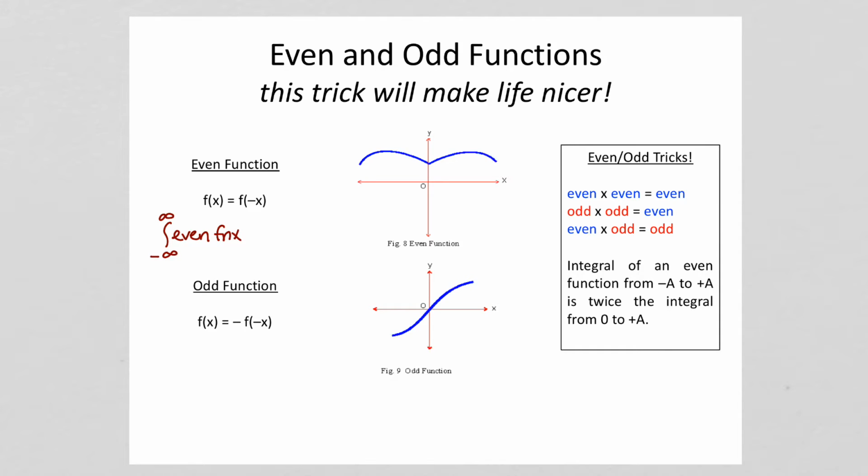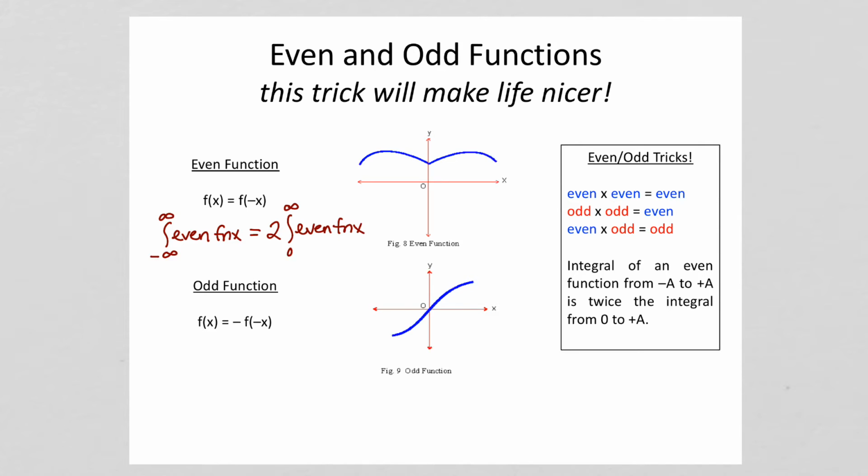That's handy because a lot of times you'll have an integral table and the integral will be from 0 to infinity or 0 to a limit and not the full range of negative infinity or negative of your limit to your limit. So in that case we have the trick of that being equal to 2 times the integral from 0 to infinity of your even function.